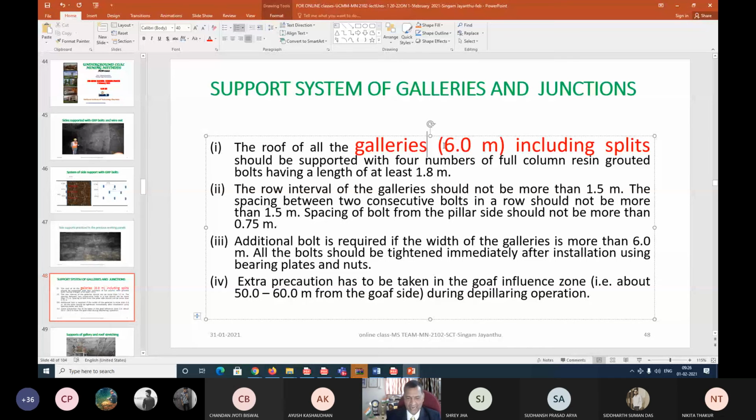Here I would like to tell you, my beloved students of underground coal mining methods, that there are very important support systems required when you go in depth, even 1 kilometer, 1.2 kilometers. You have to design underground coal mining methods with a support system that can take care of even more stresses and more geological disturbances.